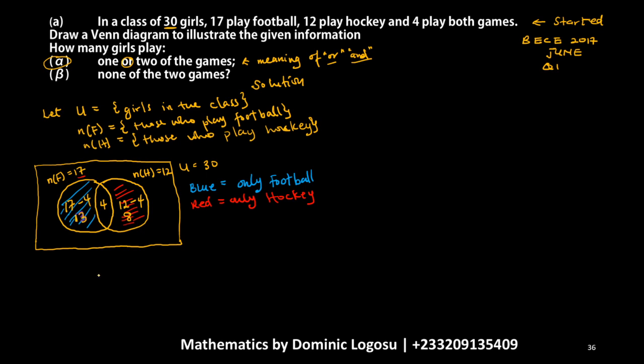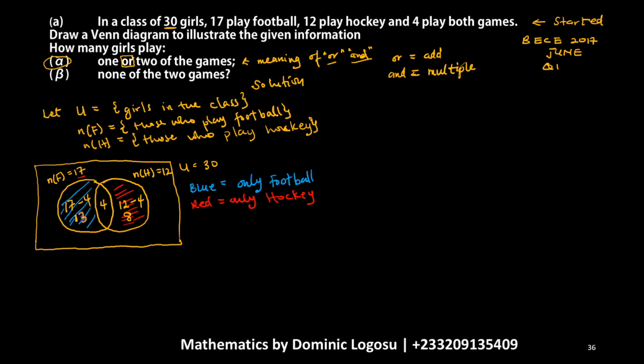Now, we are saying that we should find the number of students who play one game. So one game basically, or yes, let me explain the or. Or means you add, and and means you multiply when it comes to these things. Okay, so the statement here says we should find what?